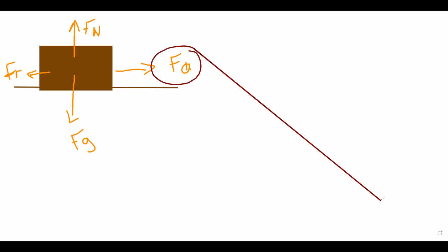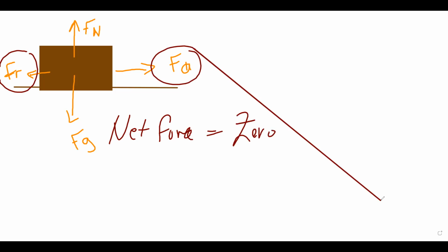Now, when the friction force just balances the applied force, if the acting force, this one here, is equal to the frictional force, the net force will be 0, and the object will not move.